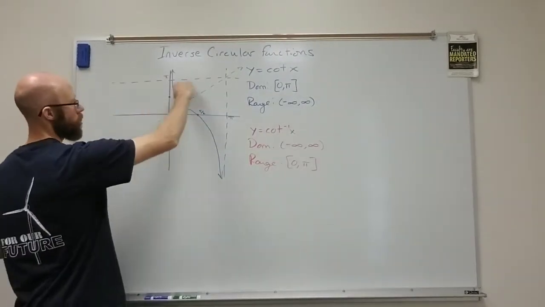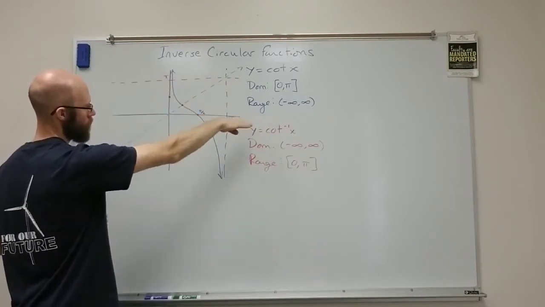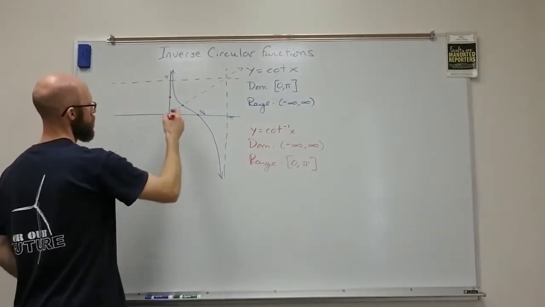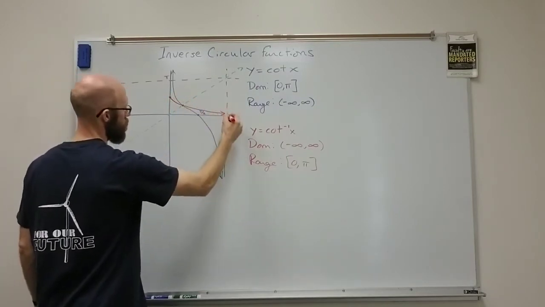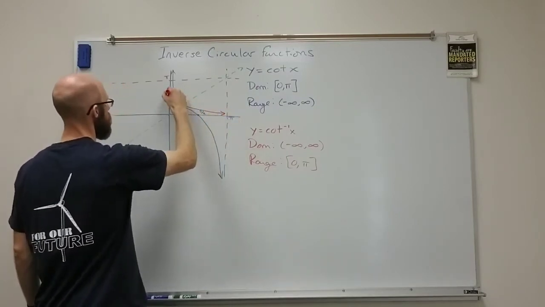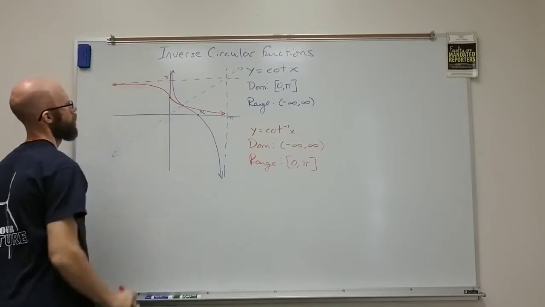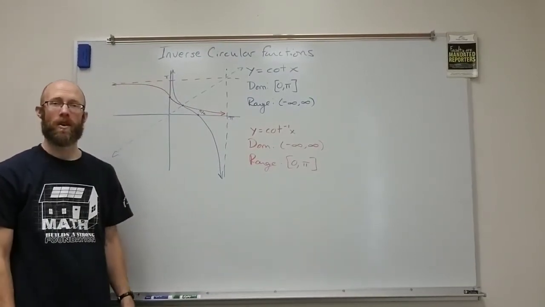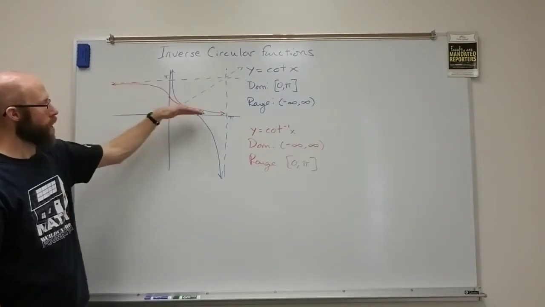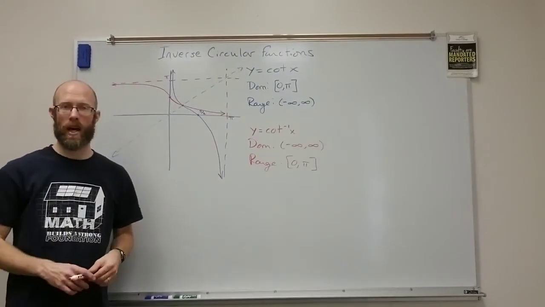So it's not going to curve up, it's actually going to curve down to the right and up to the left from there. So it's going to go that way and that way. That's not too bad. Okay, so the red graph there is the inverse cotangent.